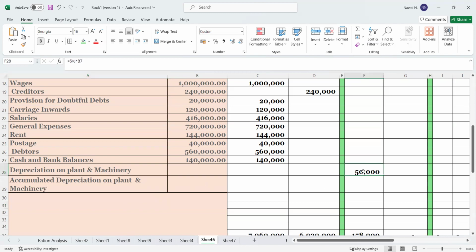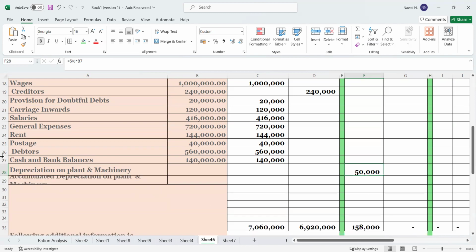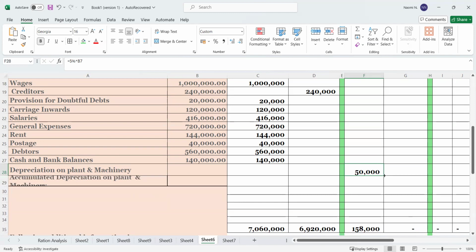For every additional information, you need a credit and a debit entry. Please, anytime you are debiting, make sure you are also crediting. So on depreciation, we'll have to credit the accumulated depreciation with the same amount.